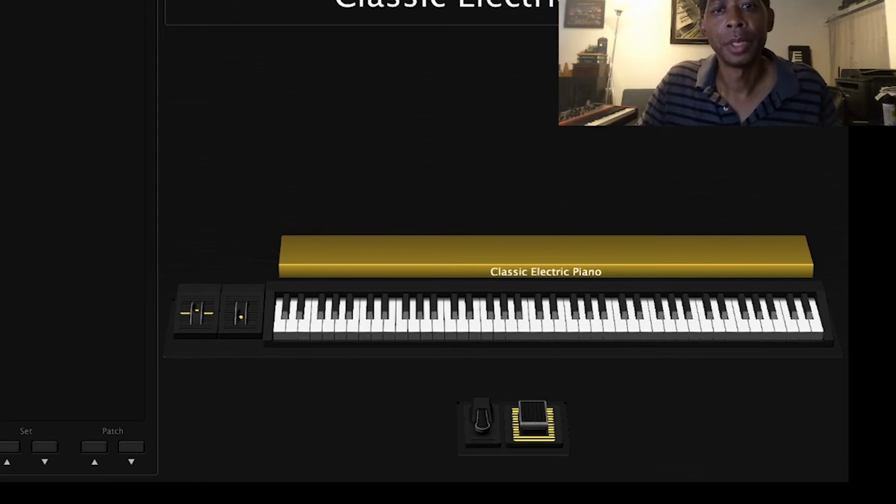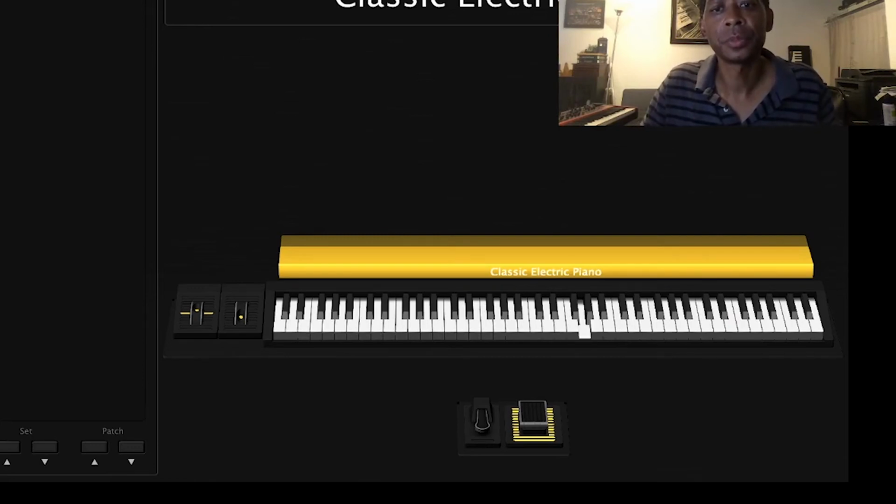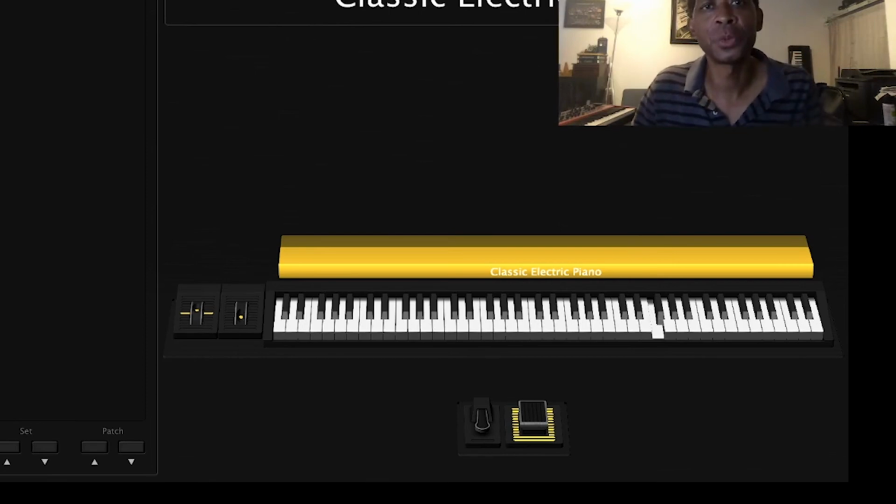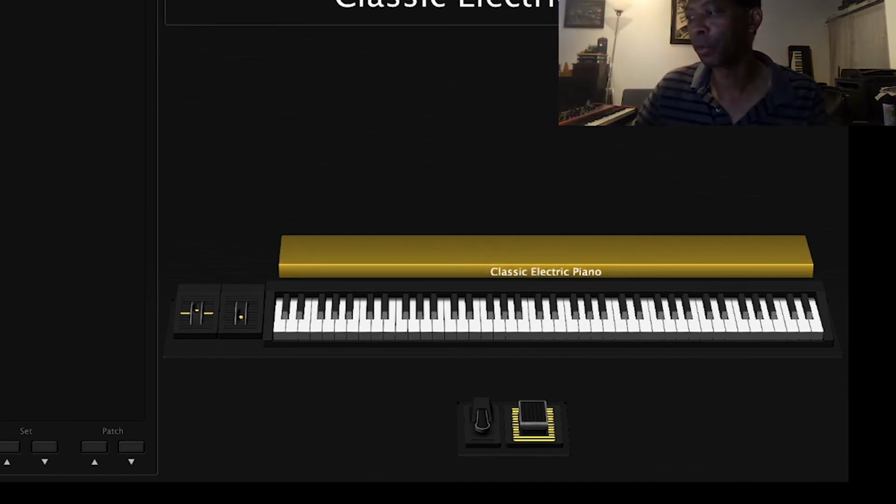Here we go. E, G, B, D, F. Okay, you notice what's going on here. Once again, just like with the spaces, it is every other white key. So that's another way to help remember what's going on.